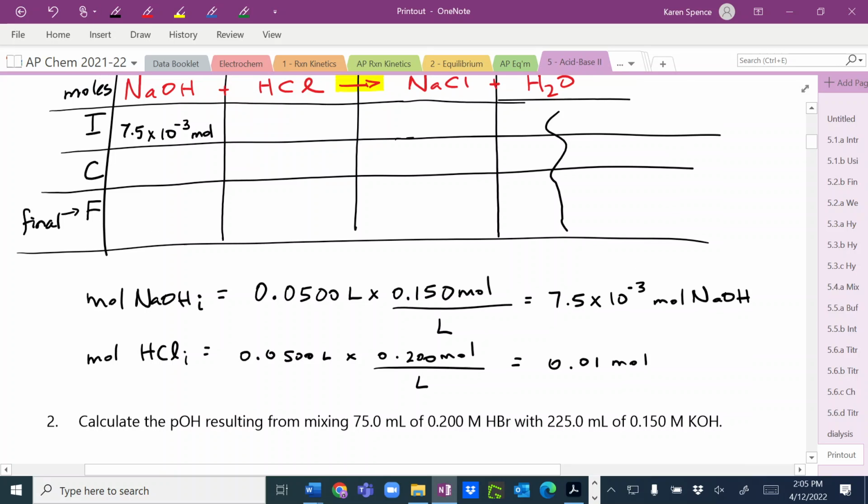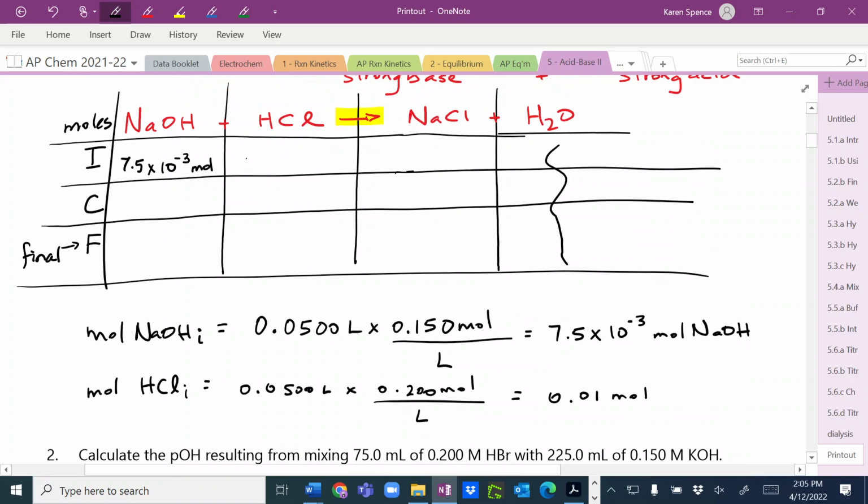So I'm going to go up here and write 0.01 moles.